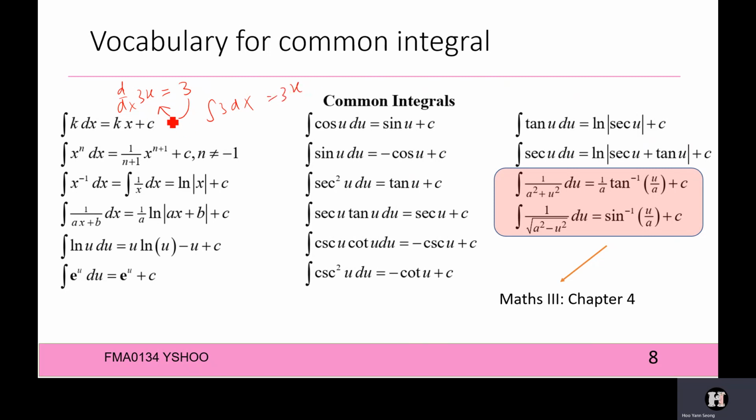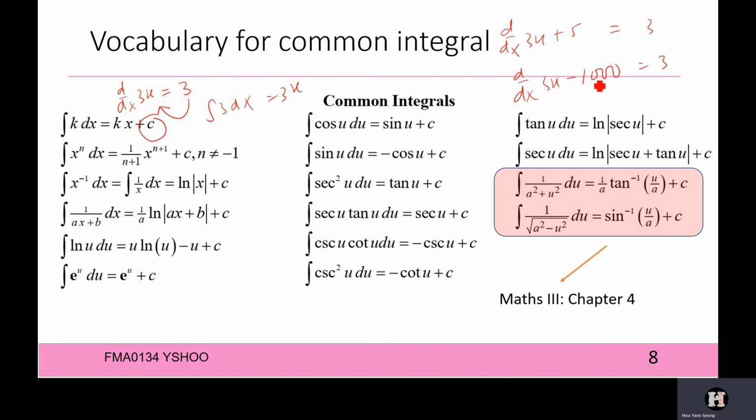But why do you have a plus c here? Because we never know whether there was a constant. When we differentiate 3x plus 5 and when we differentiate 3x minus 1000, both will give you 3.